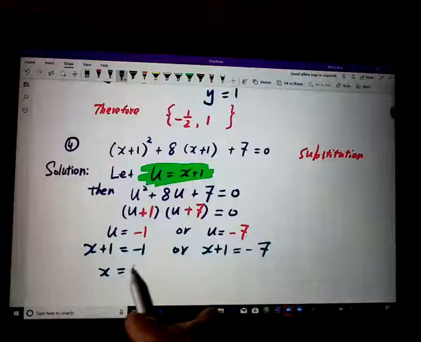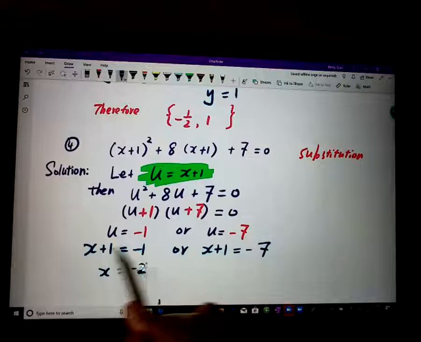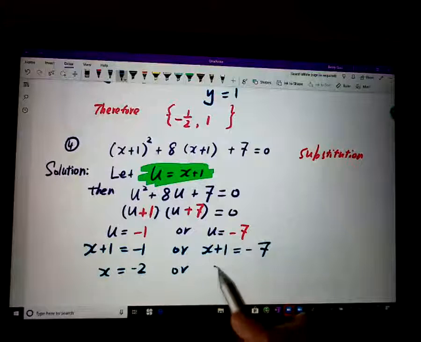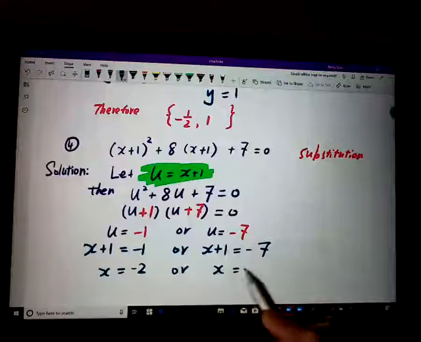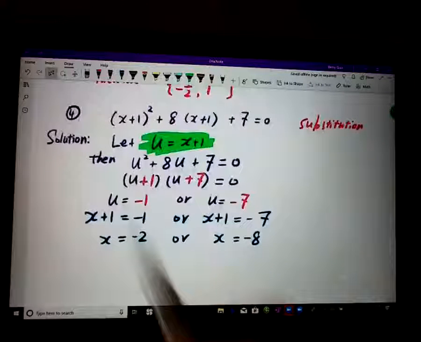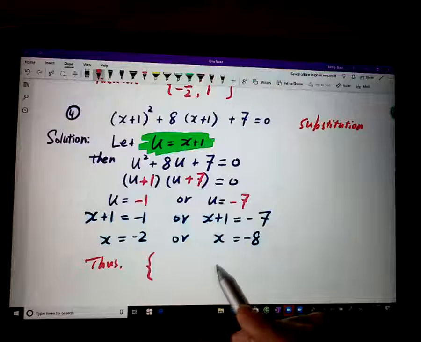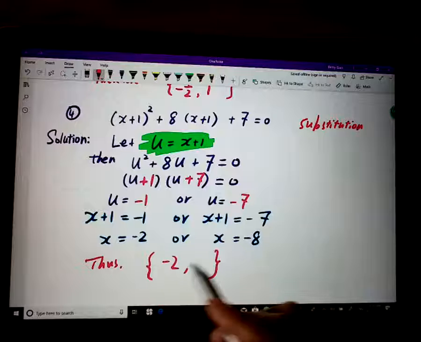We have x equals -2. You move 1 over, you have -1 minus 1, -2. It's pretty simple. Same thing, move 1 over, you have x equals -8. You can make a conclusion. So therefore, the original equation has two solutions. They are -2 and -8.